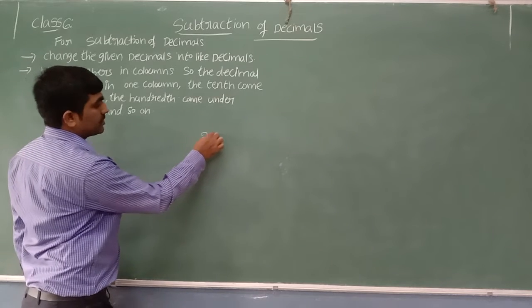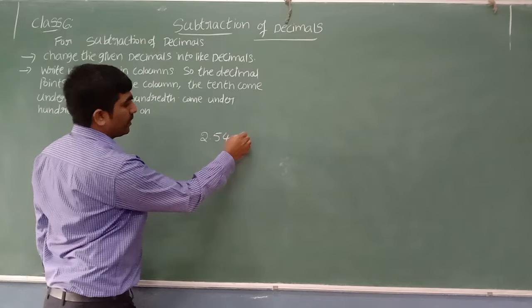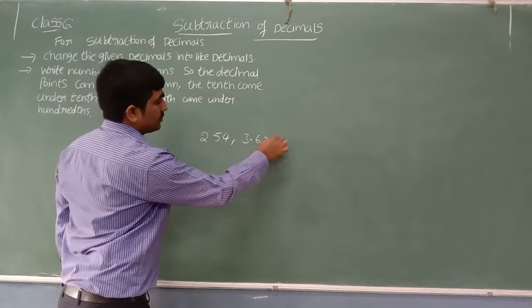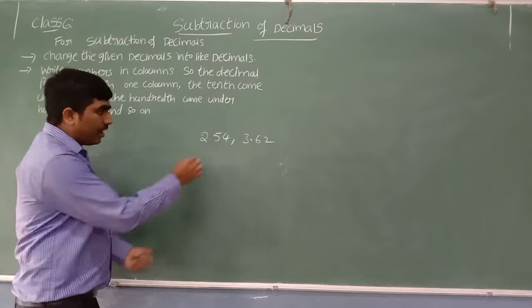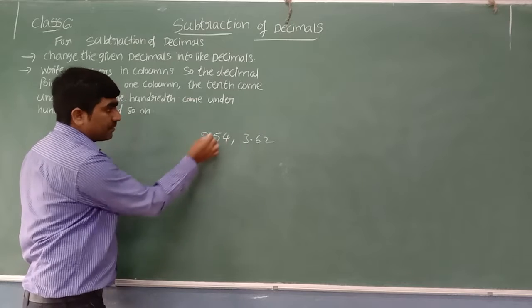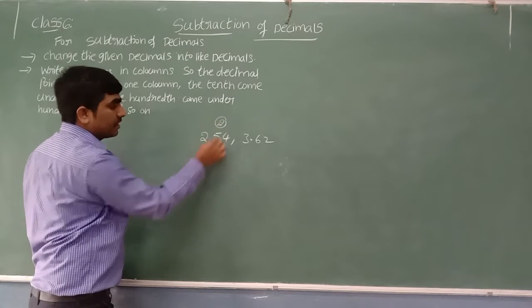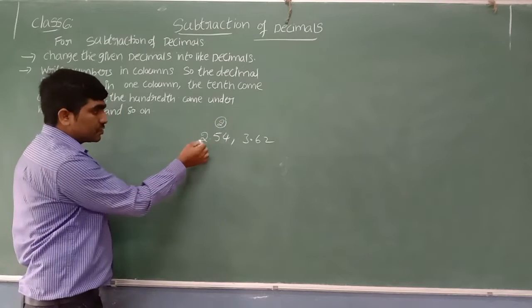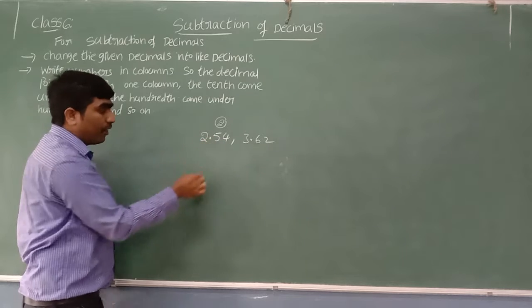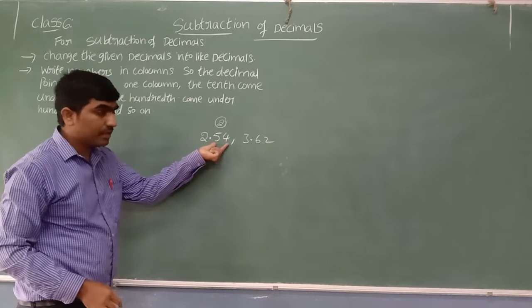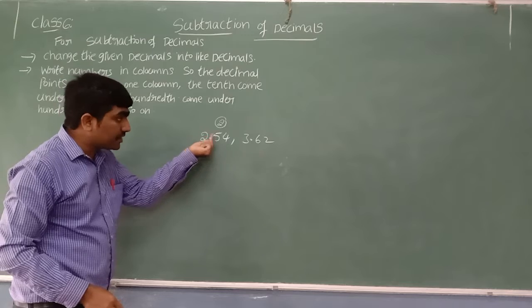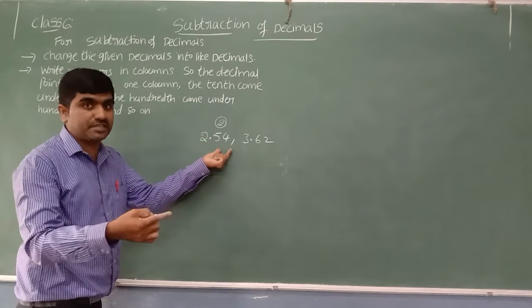Let me take one example right here. 2.54 comma 3.62. After the decimal point we have 2 digits, so it has 2 decimal places. Let me repeat once. In this 2.54, after the decimal point we have 2 digits. The number of digits after the decimal point are called decimal places.